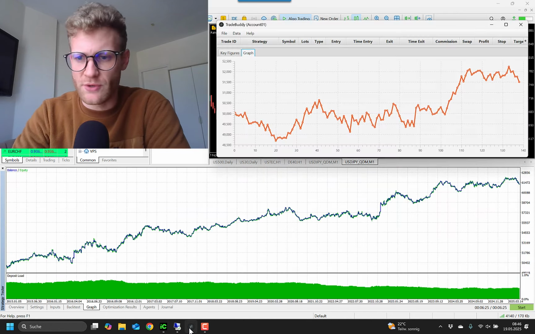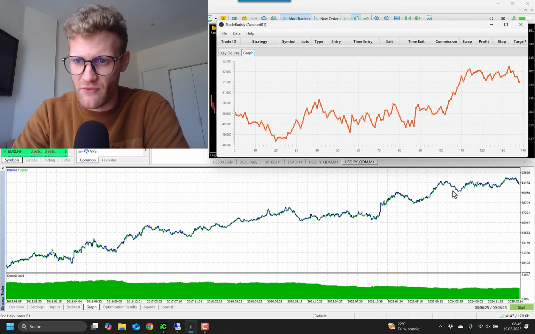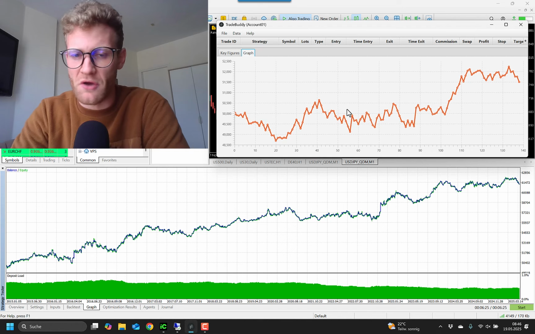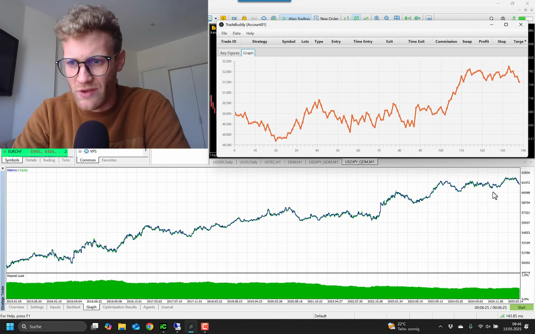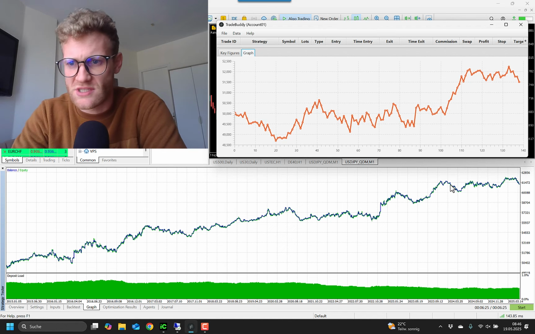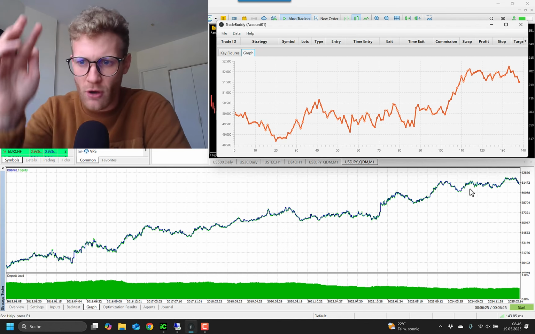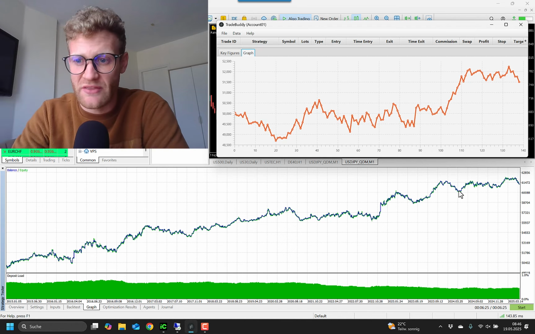But overall, if we just compare the shape of the graph or balance curve, or however you want to call it, we can see this is actually very, very similar. So we start with this dip, we have a recovery, then we have a very long sideways period, but always these ups and downs that we see in the test, they kind of also show up in the live account.